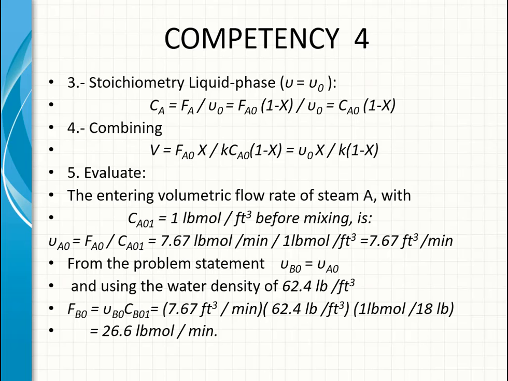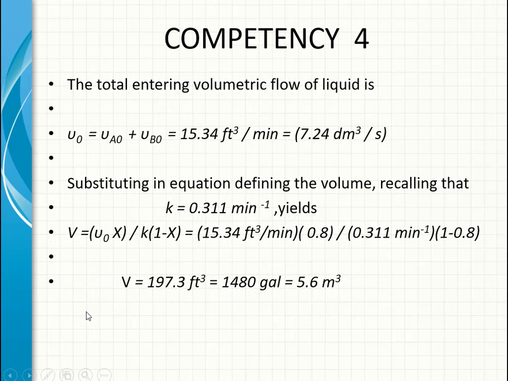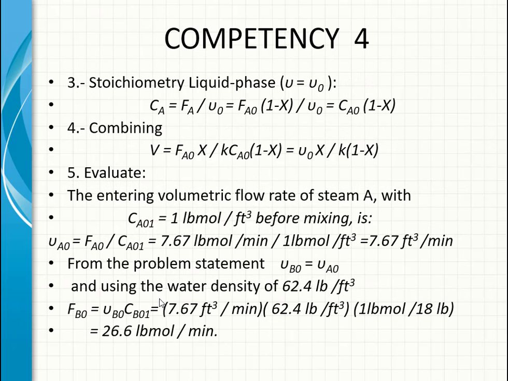We will have that the volumetric flow rate of water is 7.67 cubic feet per minute. So from here, we get that the molar flow rate of water is equal to 7.67 cubic feet per minute times the density of the water times the conversion of pounds to mole pounds. We will have then that FB0 is equal to 26.6 mole pounds per minute.